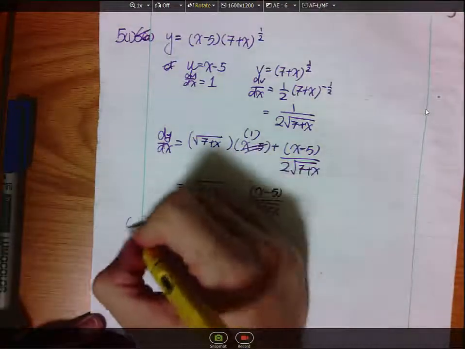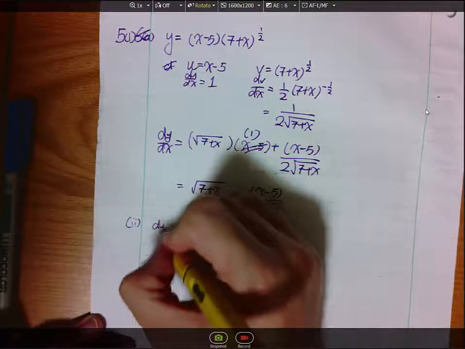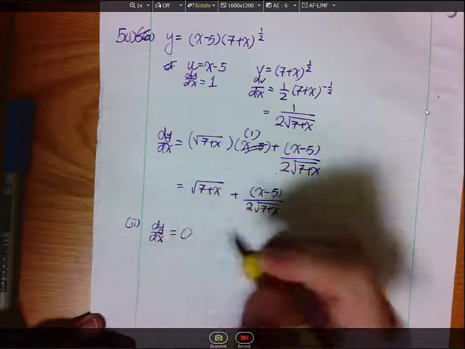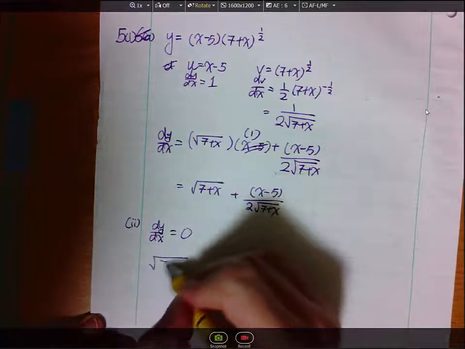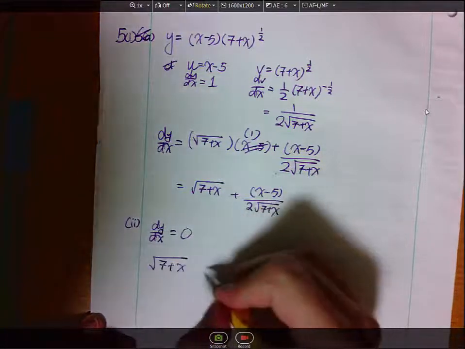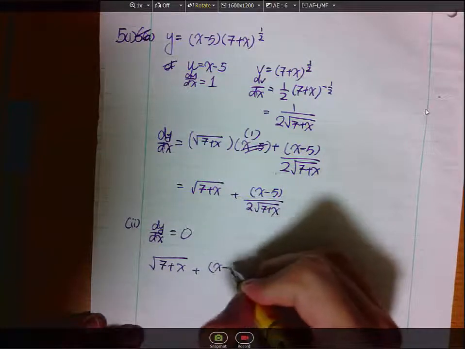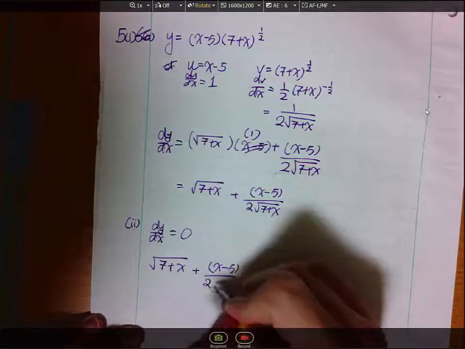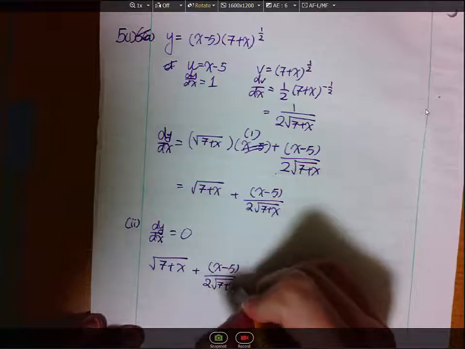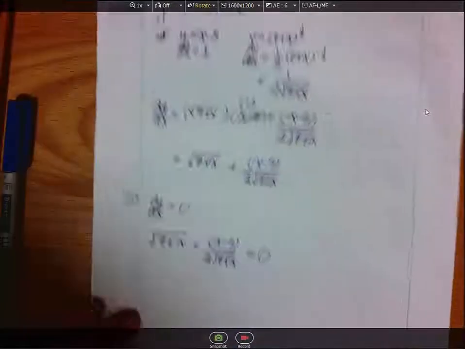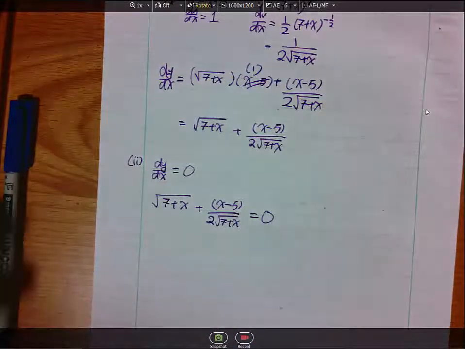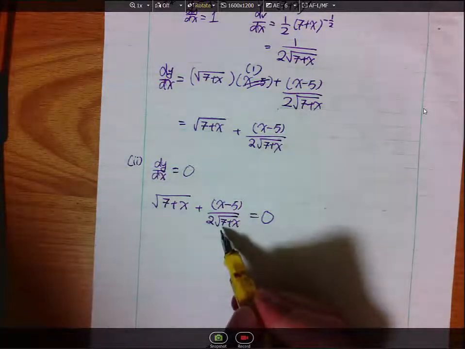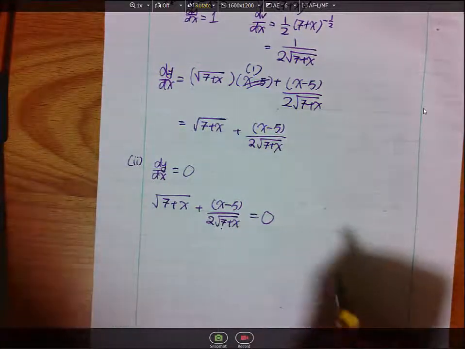Now, they ask you to find the coordinates of the stationary point. To do this, as we now know, dy/dx equals 0. So we get square root of 7 plus x minus 5 over 2 square root of 7 plus x equals 0. Simplest way of solving this equation will be multiplying throughout by 2 square root of 7 plus x.